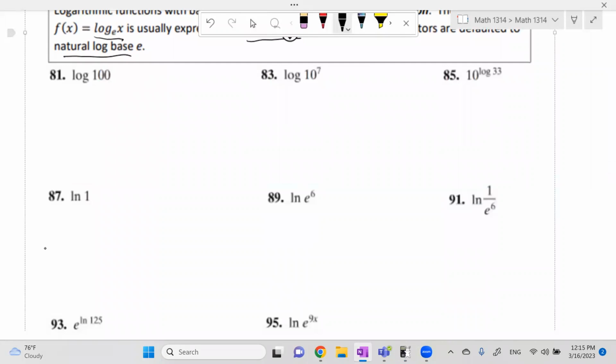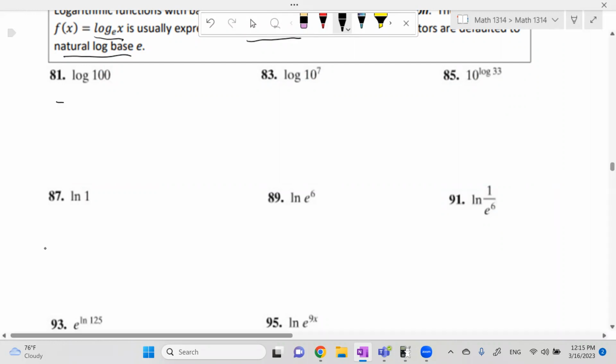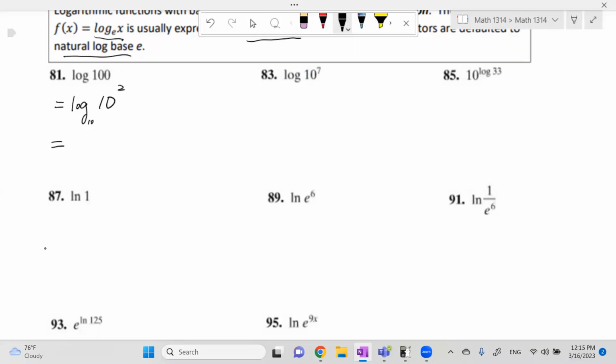Number 81. Let's find the value of log 100. We know that log without showing the base means the base is 10. Can you convert the 100 to base 10? I know 100 is 10 squared. And log base 10 of 10 squared, so we got 2.